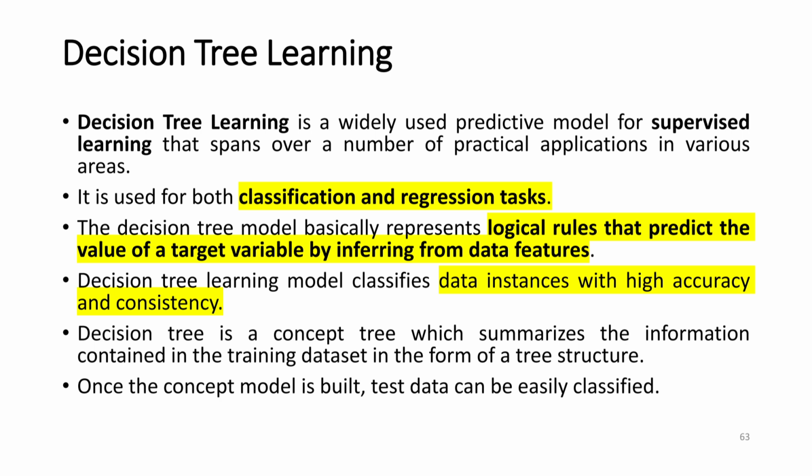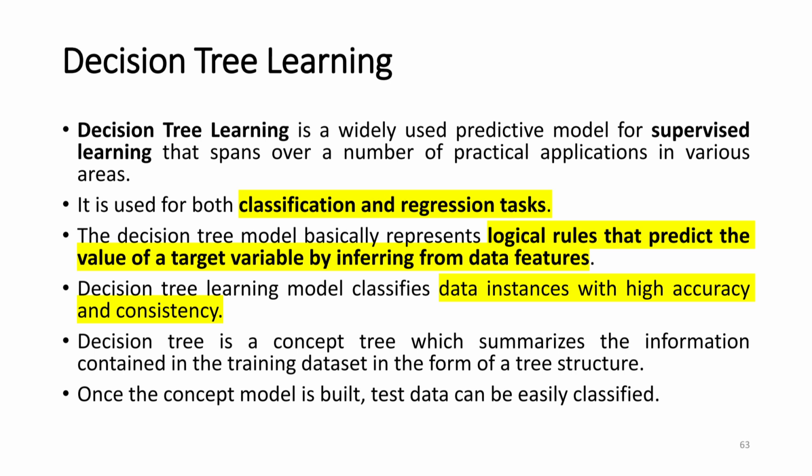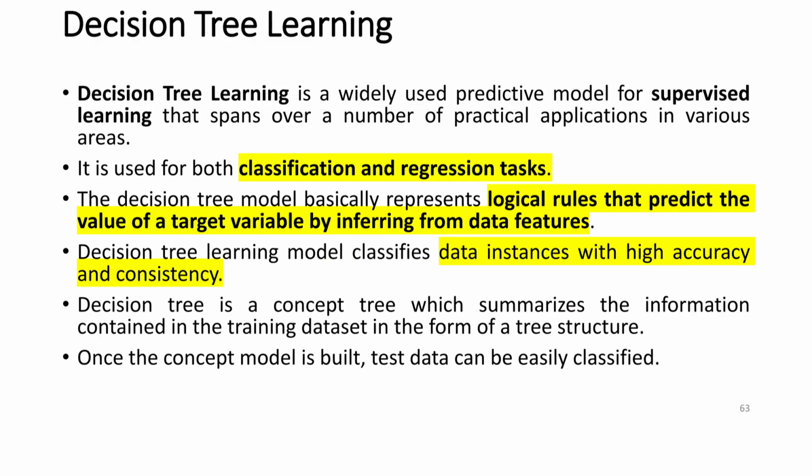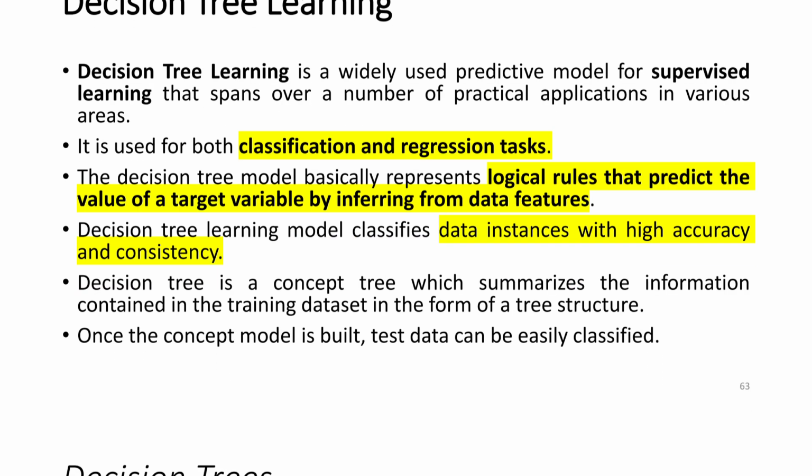Decision tree learning model classifies data instances with high accuracy and consistency. And here we follow some mechanism called entropy or the information gain or Gini index that indicates how certain the rule is. A decision tree is a concept tree which summarizes the information contained in the training data set in the form of a tree structure.